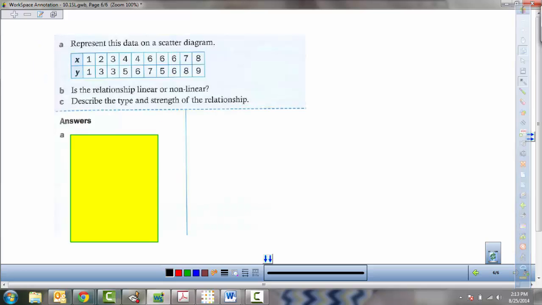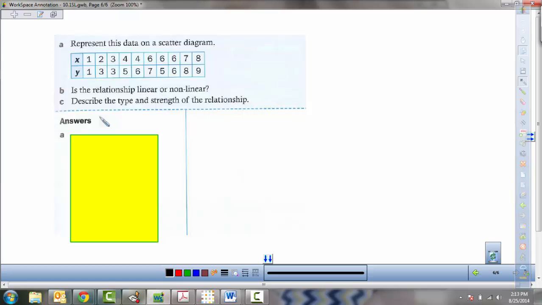Okay, so we have an XY table here. We want to represent this data on a scatter diagram, a scatter plot, and we want to look at, is the relationship linear or nonlinear, because data can be correlated in a way that doesn't follow a linear pattern. It might be a curved correlation, and that's okay.